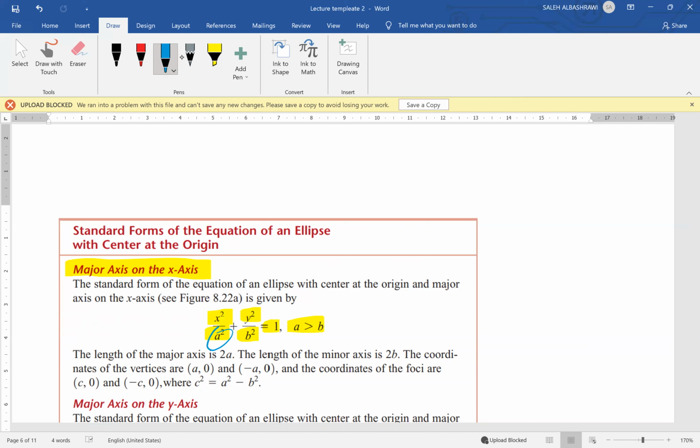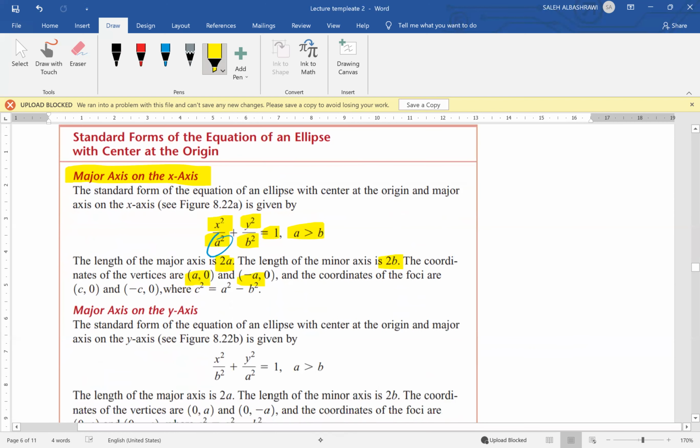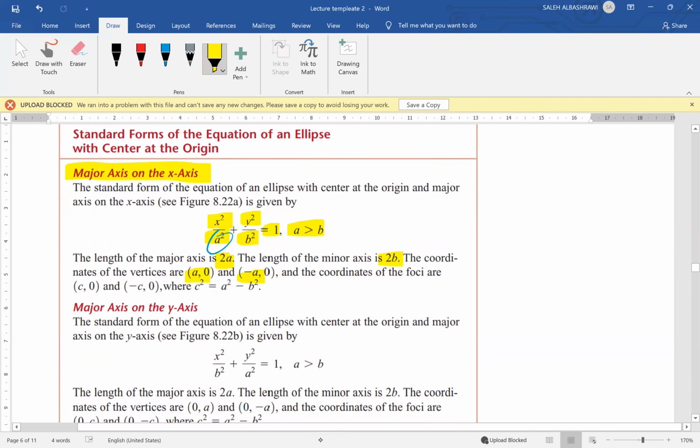The length of the major axis is 2a. You have to be careful about this one. The length of the minor axis is 2b. The coordinates of the vertices are (a, 0) and (minus a, 0). And the coordinates of the foci are (c, 0) and (minus c, 0), where c squared equals a squared minus b squared.